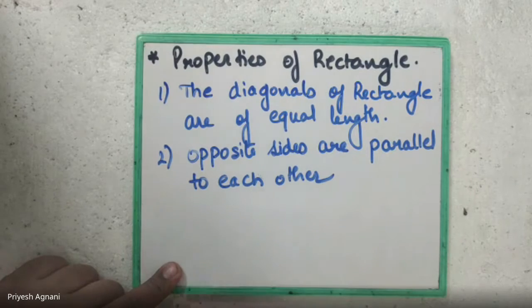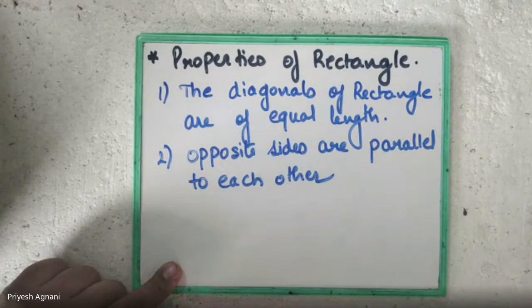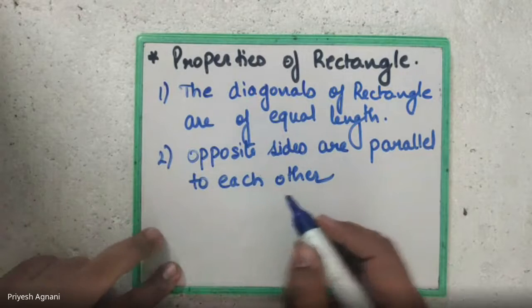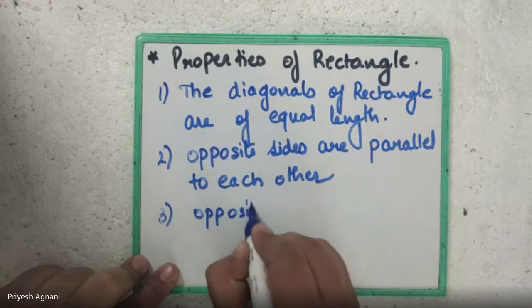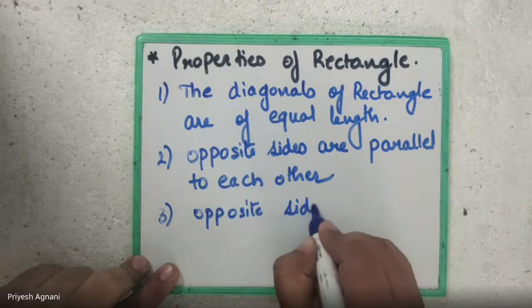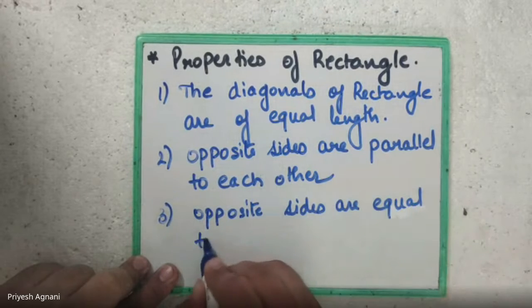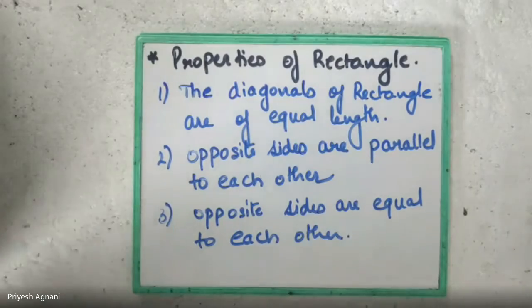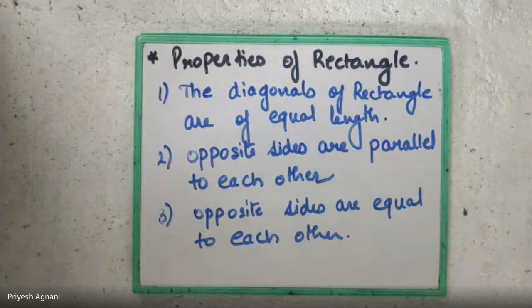The third one, opposite sides are equal to each other. Please write it down. I give you a moment.